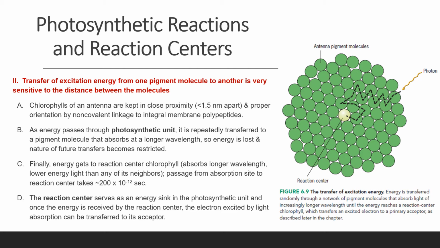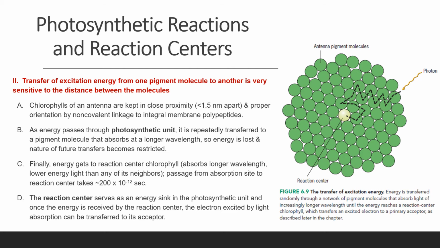So finally, energy gets to the reaction center chlorophyll, which absorbs longer wavelength, lower energy light than any of its neighbors, and passage from the absorption site to the reaction center takes around 200 times 10 to the minus 12 seconds. So the reaction center serves as an energy sink in the photosynthetic unit, and once the energy is received by the reaction center, the electron excited by light absorption can be transferred to its acceptor.